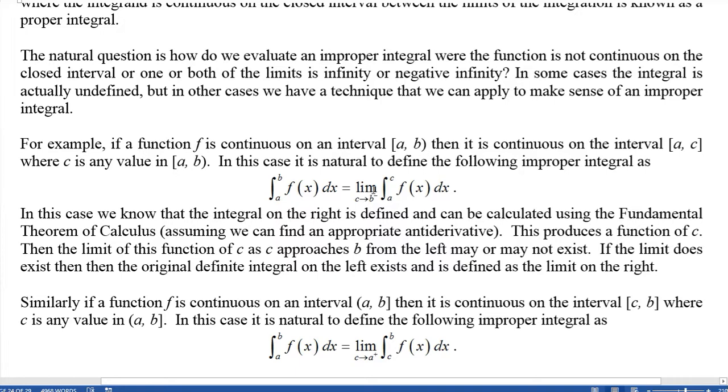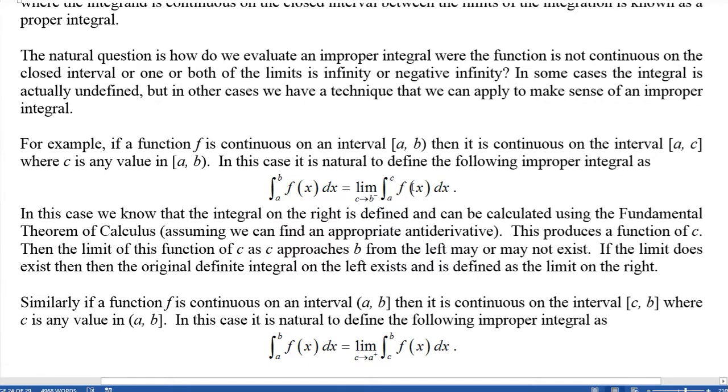And then what we can do is, guess what we do all the time in calculus? Take it to the limit. So we take that limit as c approaches b, in this case from the left side only. This integral part will exist because our fundamental theorem says it's going to work. We may or may not be able to do it. If we can get our hands on an antiderivative, then we know what that is right there, but it'll be a function of c, because c is a variable we introduced.